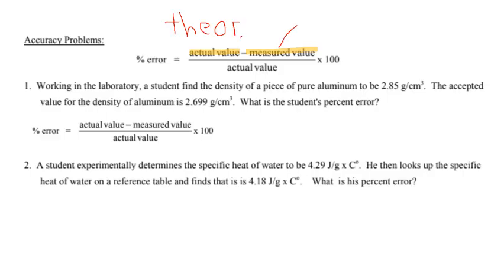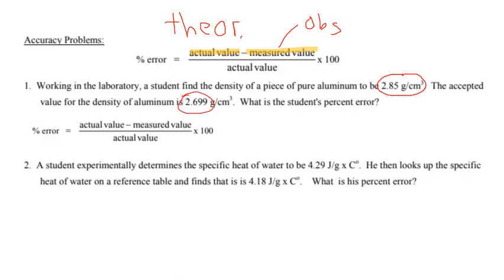And then measured sometimes is going to be called observed. Okay, sometimes we'll use theoretical and observed, but this one says measured and actual. So pretty much the same idea here, different words. Working in the laboratory, a student finds a density. So we got some words, we got some numbers here, 2.8, and then we have 2.85, excuse me, and we have 2.69.